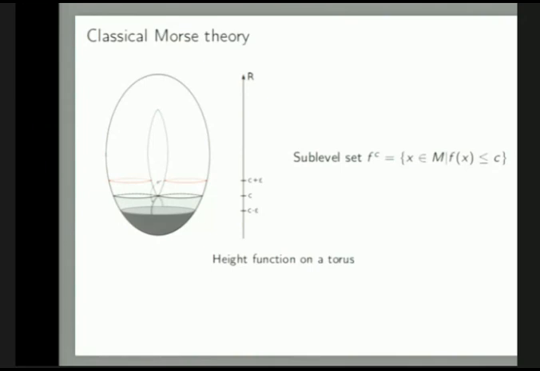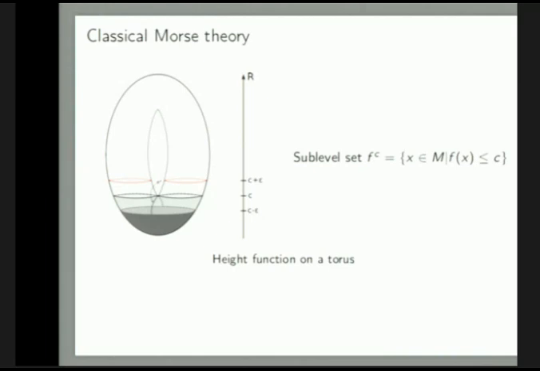For instance, the sublevel set at function value c, let's call it fc, is the part of the manifold which has function value less than or equal to c. So for instance, if you have a c, then this part is the sublevel set.